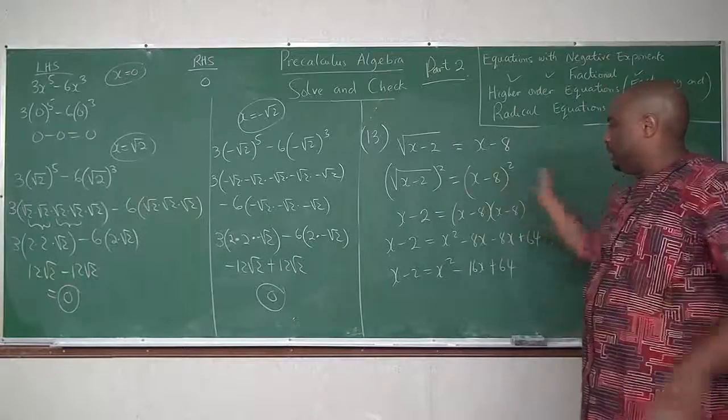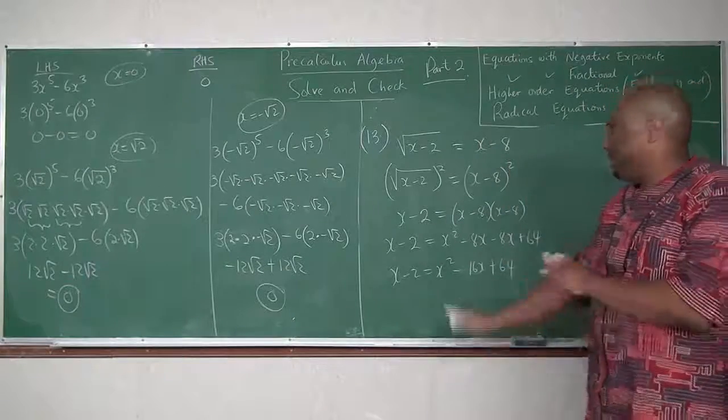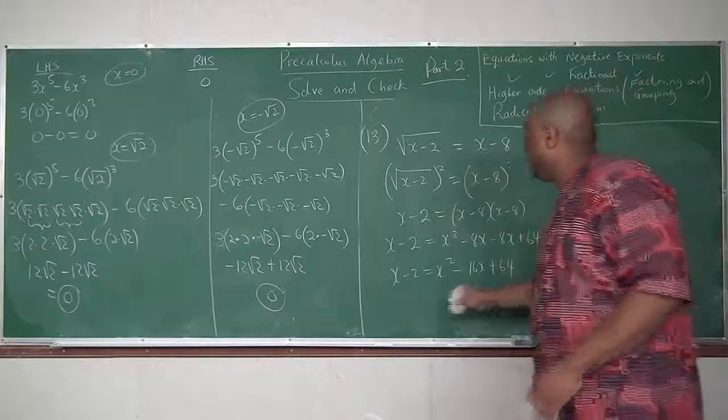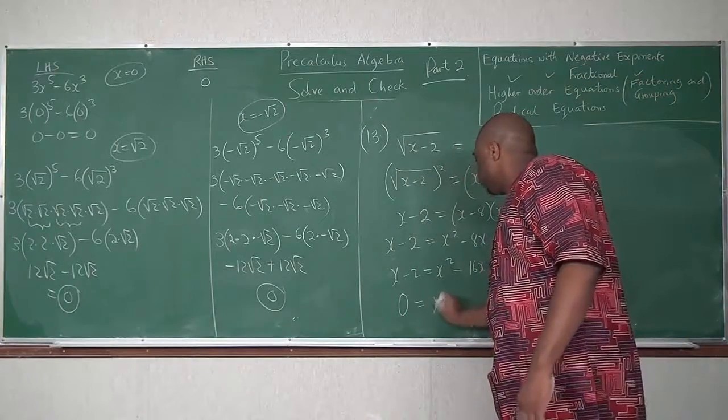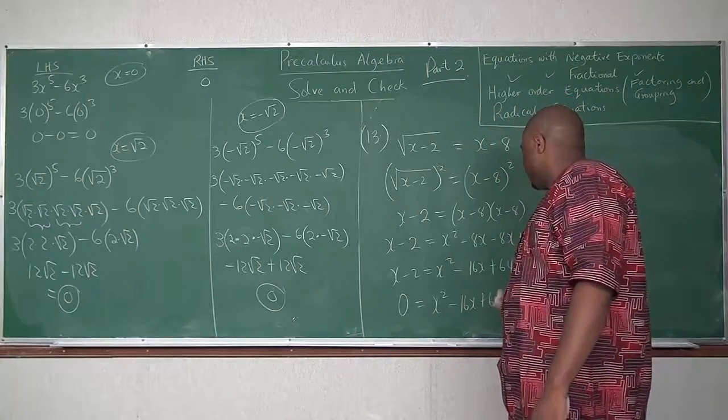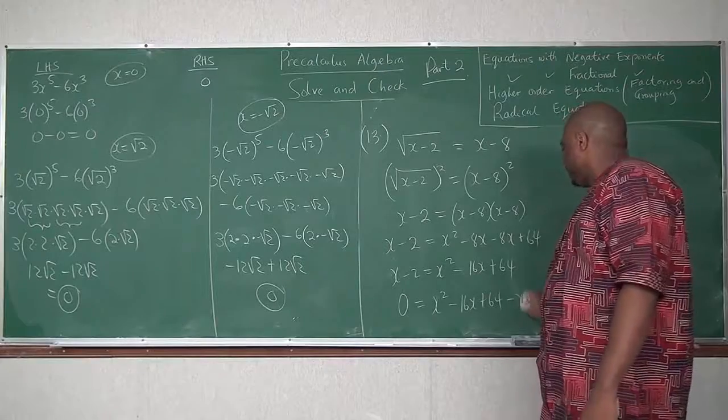I don't like dealing with negatives, so I want everybody here. So this will be 0 equal to x squared minus 16x plus 64 minus x plus 2.